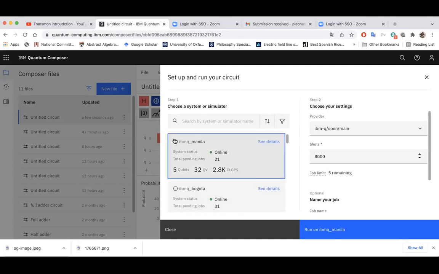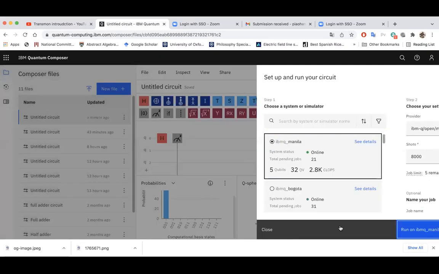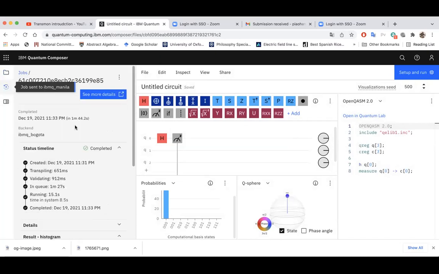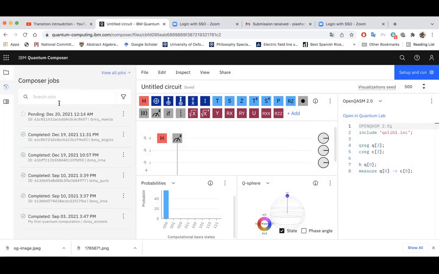Okay, it will take some time. But this is usually what happens. You have to wait a little bit for your job to be processed. So just click here. And you can see our job is being processed. Luckily, I have done this already. So let's jump to the result straight away.